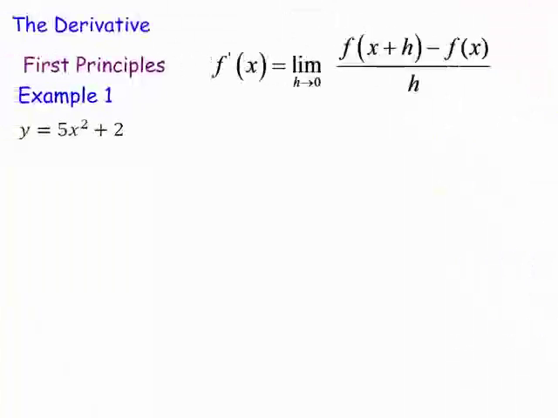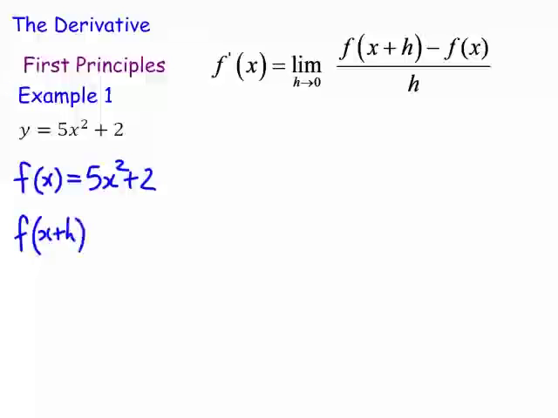Well, let's look at our first example of finding the derivative by first principles. This is a simple one, y equals 5x squared plus 2. The first thing we'd always do is write down in functional notation f of x is equal to 5x squared plus 2. Now, we then write down what f of x plus h is. We're now putting an x plus h wherever we see an x in the function. So 5 lots of x plus h all squared plus 2.